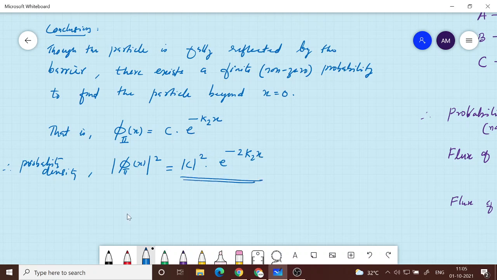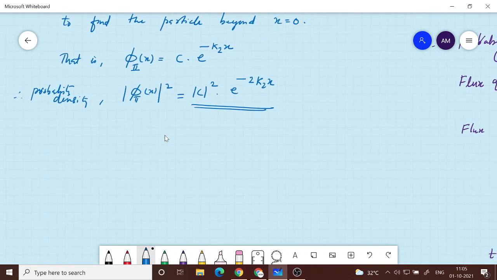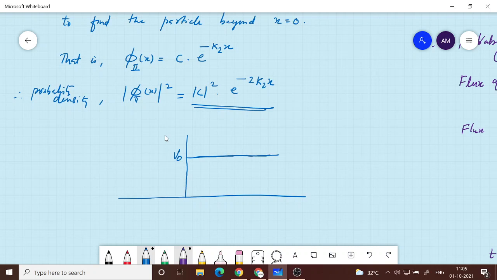So if I plot this probability density function, this is the V0. C cannot be 0, C is a non-zero quantity, and you will see that the wave function will decay like this to the right.